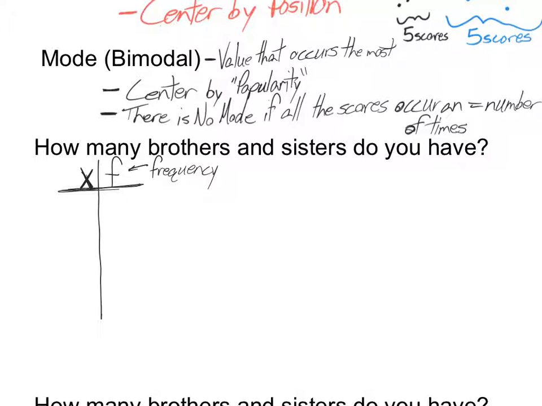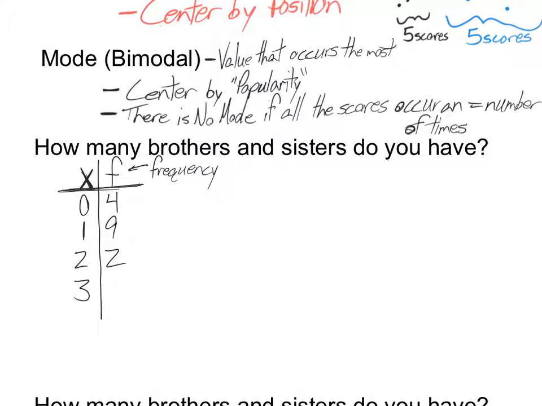How many of you, we're going to go with how many brothers and sisters do you have? How many of you are the only child in your family? You have 0 brothers or sisters. 1, 2, 3, 4. So we've got 4 of you. How many of you have 1 brother or sister? 1, 2, 3, 4, 5, 6, 7, 8, 9. Wow. How many of you have 2 brothers or sisters? 1, 2, just 2?